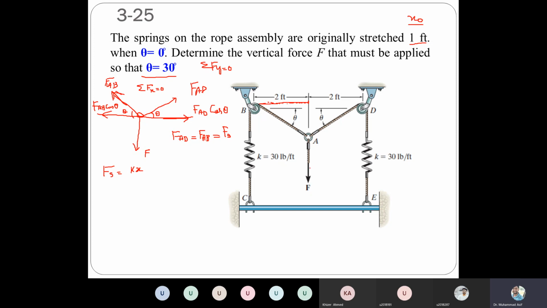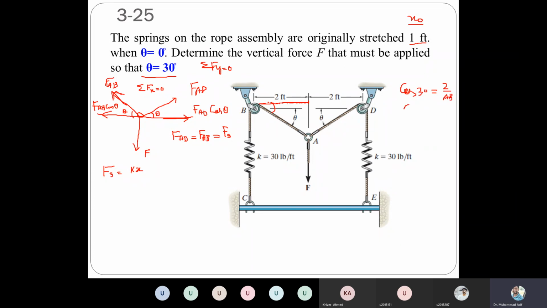Now, because of that force, this rope is in this direction when the angle is 30 degrees. What is the new length AB? This is the base and this is the hypotenuse, so we can apply cos theta. cos 30 is equal to 2 over the length AB.